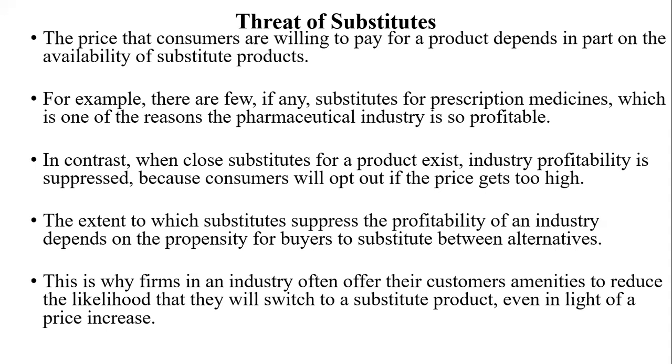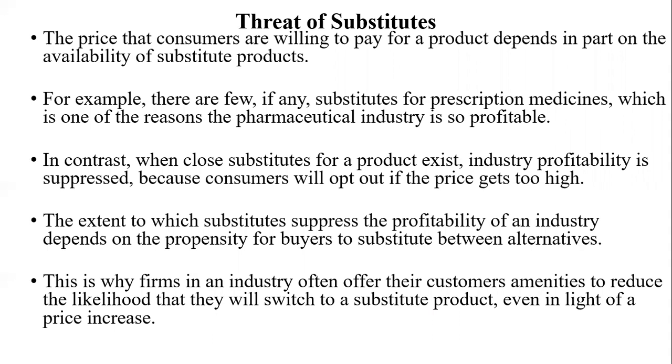And so that is the reason why they make a lot of profits in the pharmaceutical industry. In contrast, when close substitutes for a product exist, industry profitability is suppressed because consumers will opt out if the price gets high.